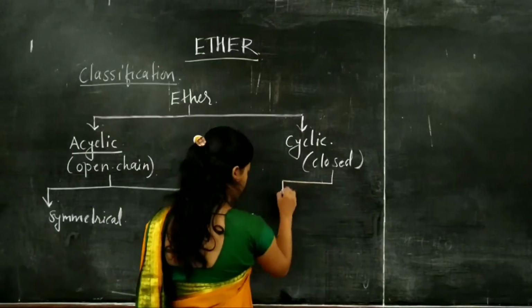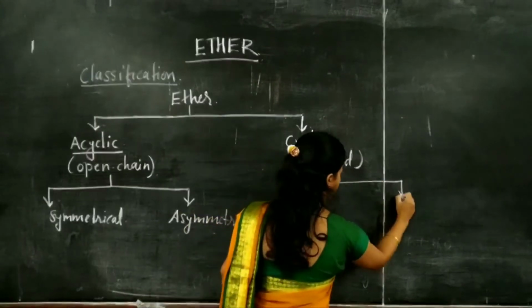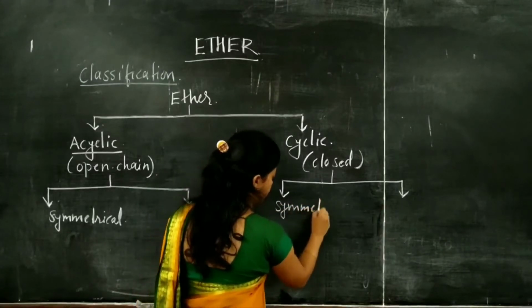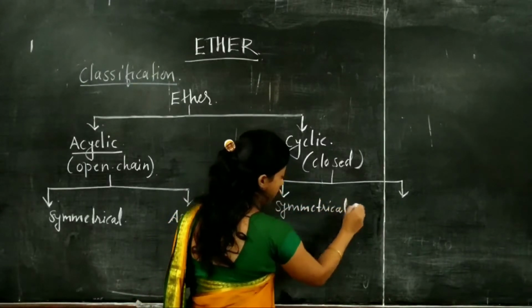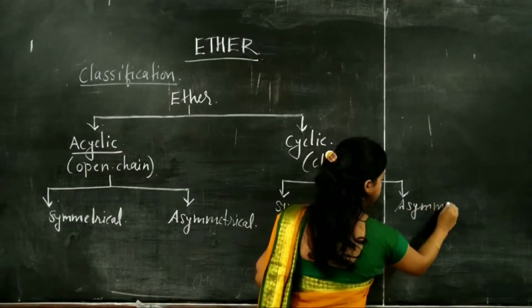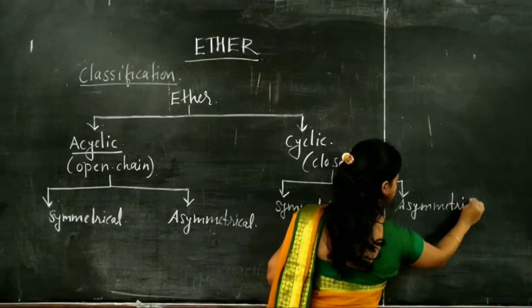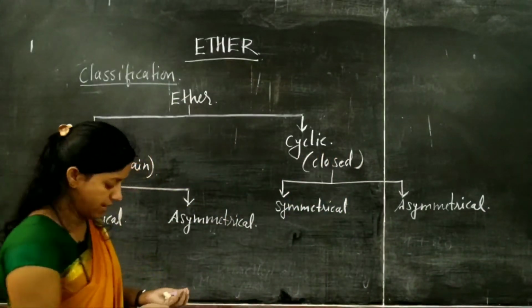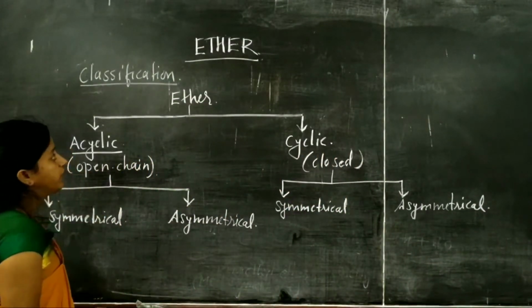Cyclic ethers are also classified into two in a similar way to open chain, symmetrical and asymmetrical. So this is the classification of ethers.